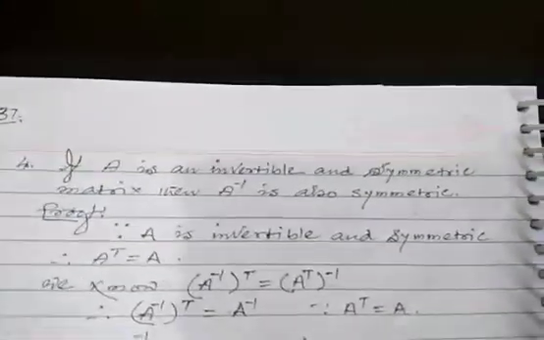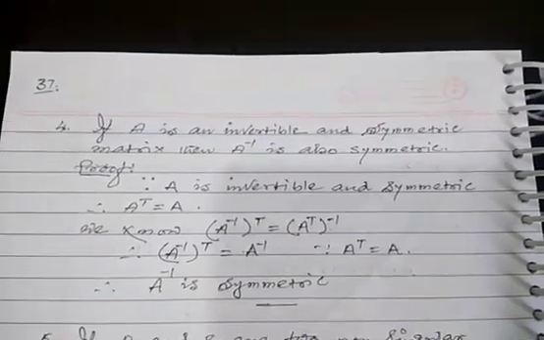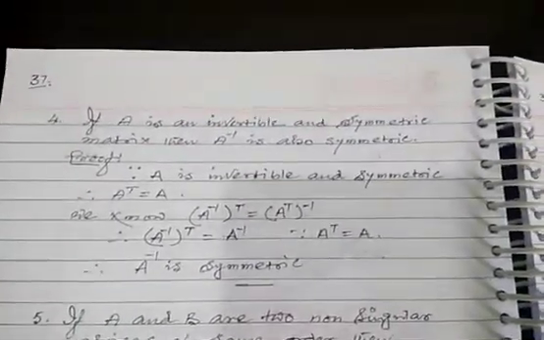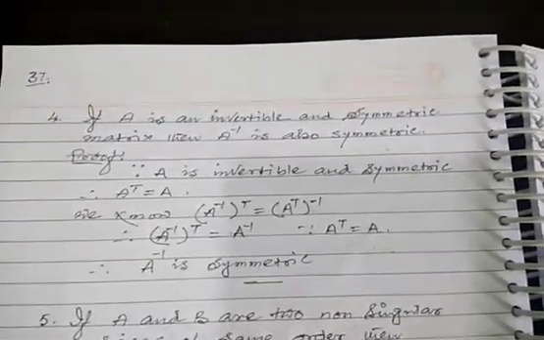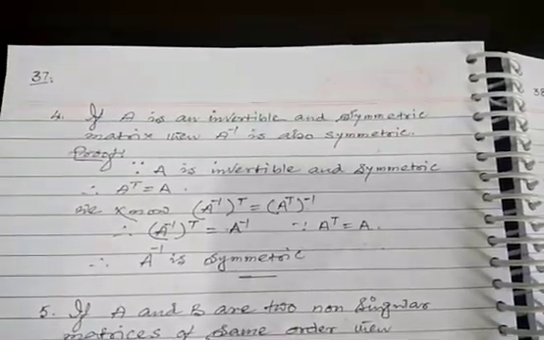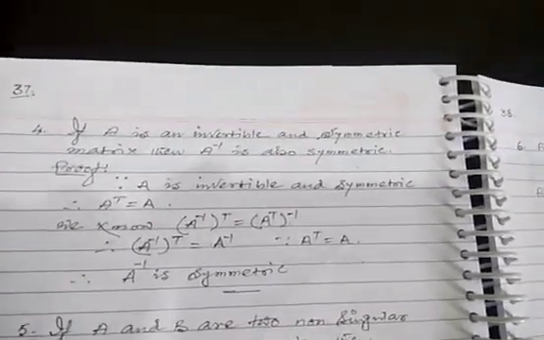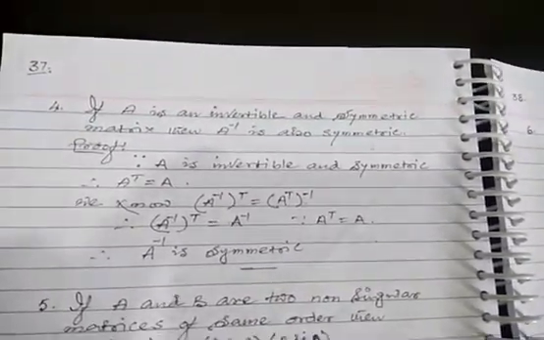Property number 4. If A is an invertible and symmetric matrix, then A inverse is also symmetric. You know symmetric matrix? A symmetric matrix is a matrix whose transpose is again the matrix itself. So since A is a symmetric matrix, A transpose is equal to A. Now, transpose of A inverse is equal to inverse of A transpose, just the previous property.